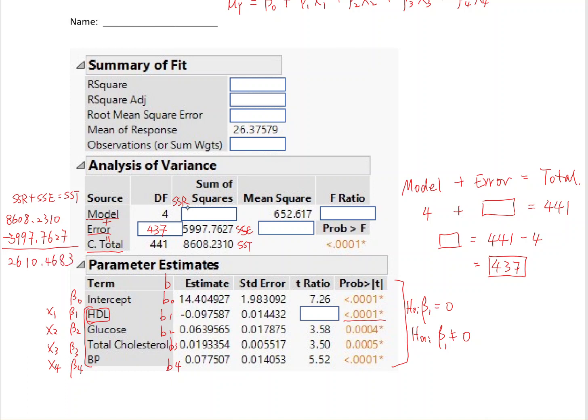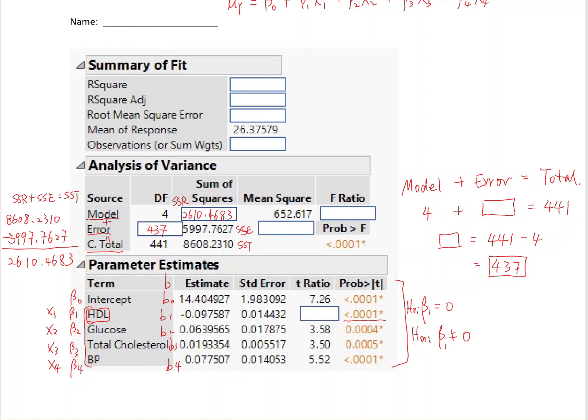So here we have 2610.4683. That means SSR plus SSE equals SST, and to get SSR we use SST minus SSE.